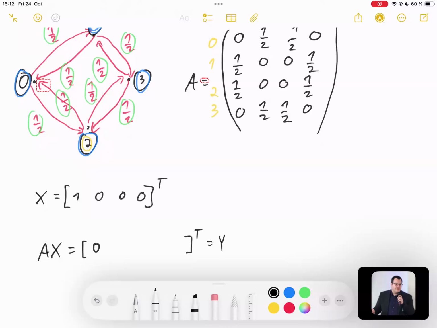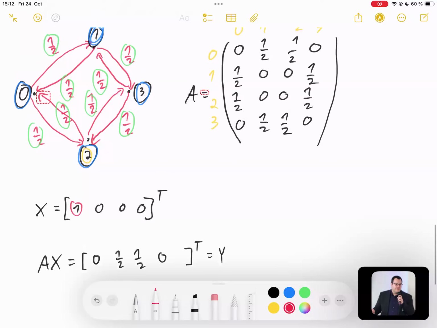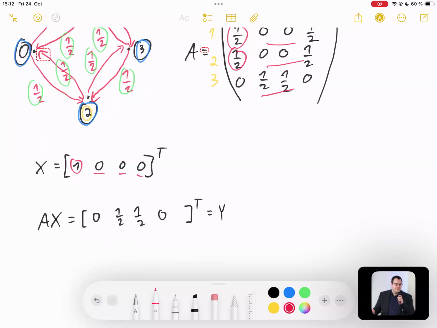So we got 0, a half, and 0, because we only have this 1 in here and all the other entries are 0. So only these 2 halves, we would get anything positive, and since all the other entries are 0, these ones here would anyway get ignored. So A times X is Y, which is 0, a half, and 0.